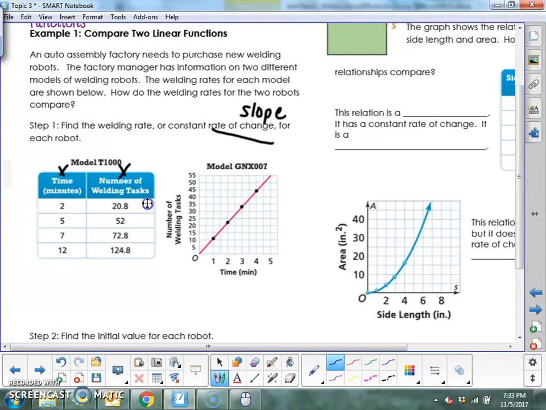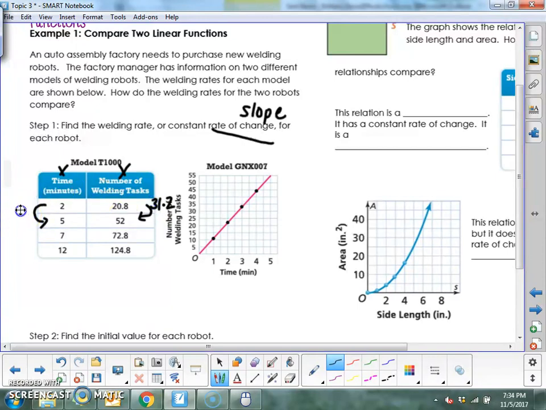When we're looking at our constant rate of change, you're looking at the rate that it grew on your Y and the rate that it grew on the time. So from 20.8 to 50.2, if I subtract those, I get 31.2.